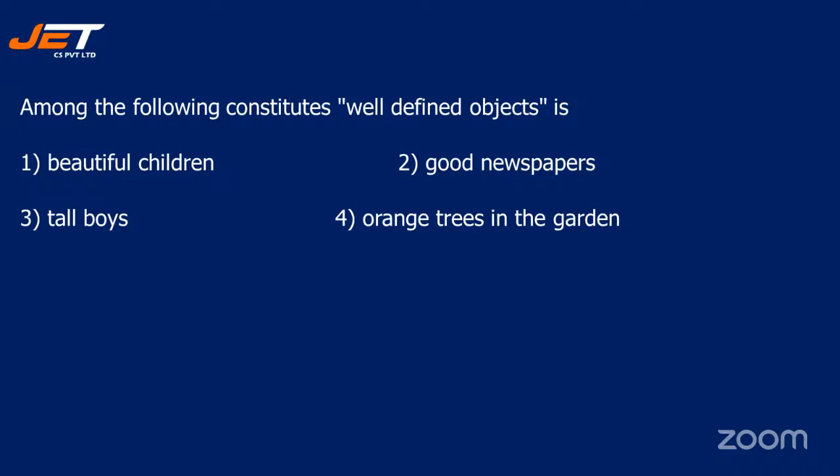We don't know. Tall boys: many boys are tall, which tall boy is being referred to? We don't know. Next, orange trees in the garden. In the garden, there is an orange tree, so it is specific. So a well-defined object is that. Your option is orange trees in the garden.